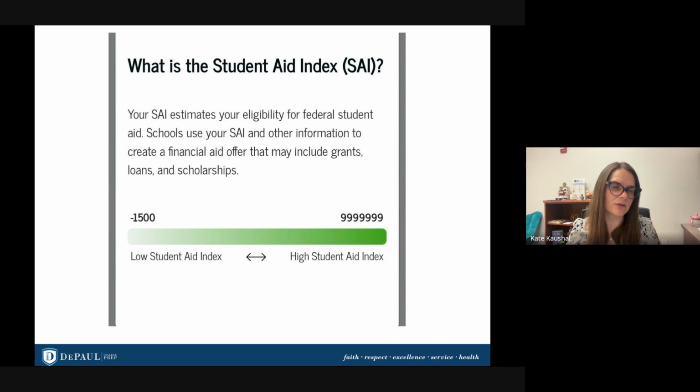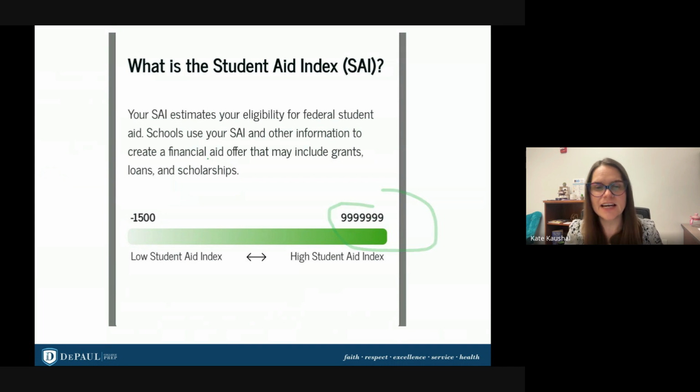For example, someone who has full need would have a negative 1,500 student aid index. That means they have pretty much zero income coming in, or a very low income, and would require the full amount of Pell and MAP for their college experience, whereas someone might have almost over $1 million for their student aid index, and that's going to be someone with a higher income. That means they're not going to qualify for need-based grants, but the student could still qualify for institutional scholarships.